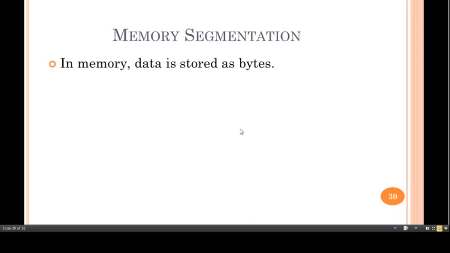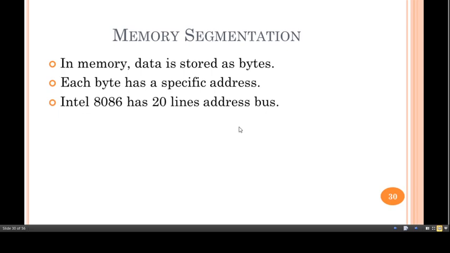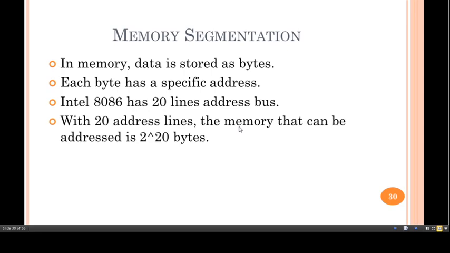In memory, data is stored in terms of bytes and each byte has a specific address. The 8086 has a 20-line address bus, as we know. With the help of these 20 address lines, the memory that can be addressed is 2 raised to 20 bytes, which is nearly equal to 1 MB.